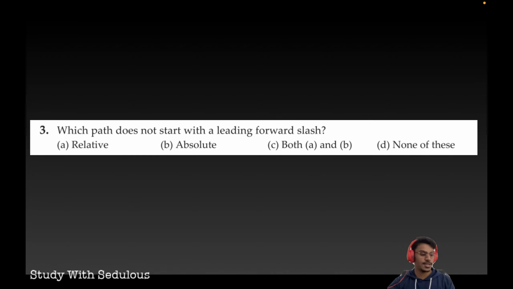Now third question: which path does not start with the leading forward slash? We have two types of filing, or two types of file searches, which are relative and absolute.